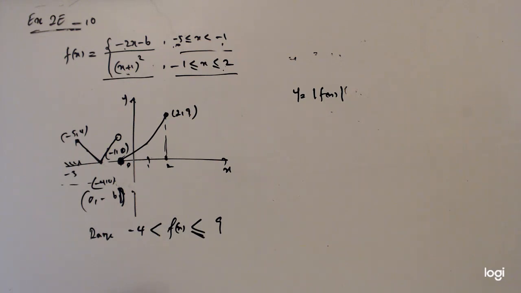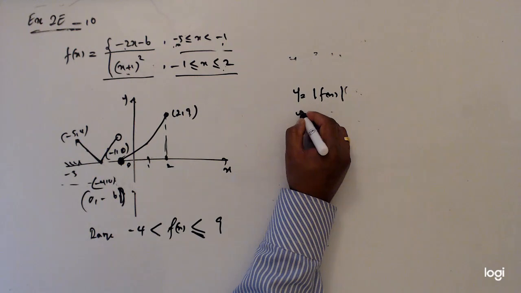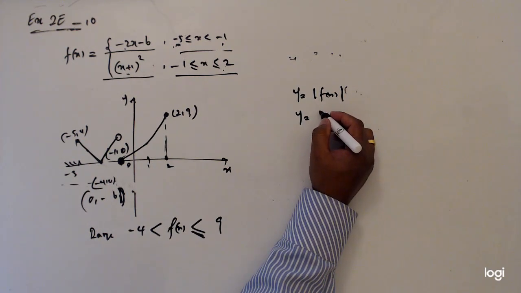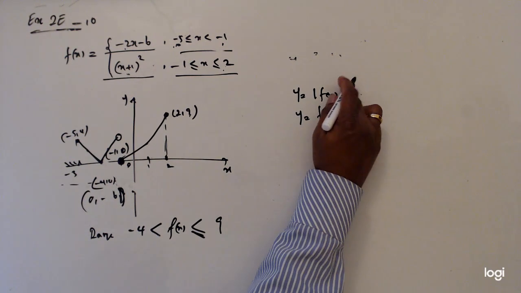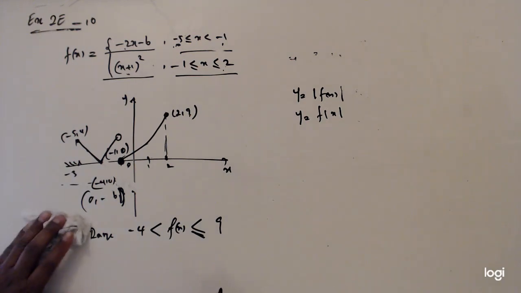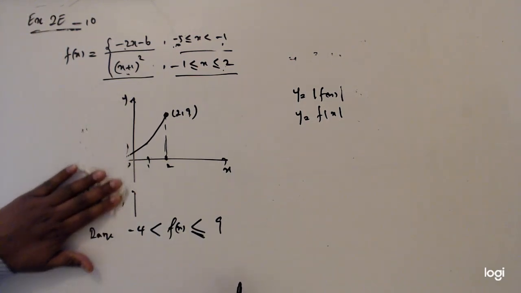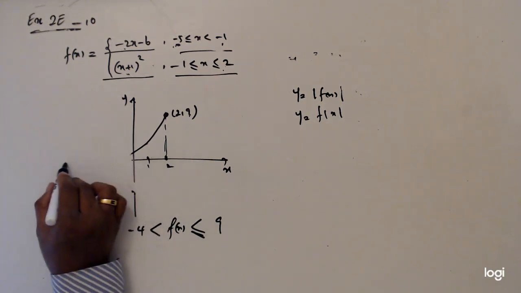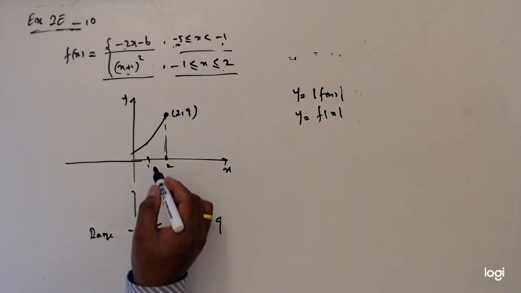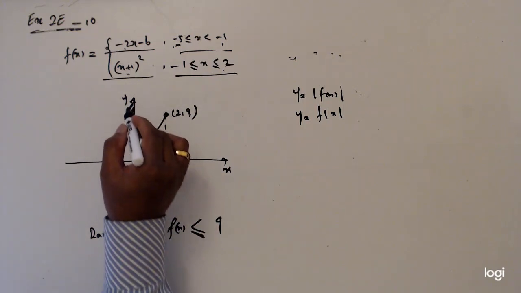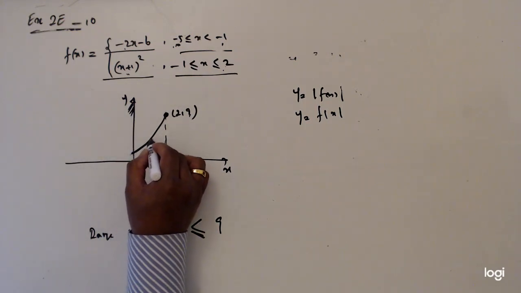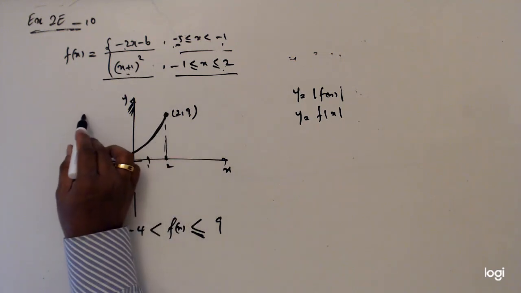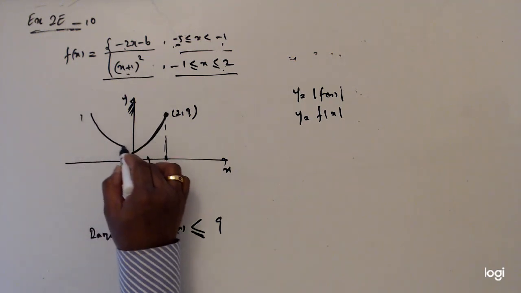Now y equal f mod x. Then I'm not worried about all the left side of 0 of x values. So this is the graph, and when I keep a mirror, the mirror reflection of this part is going to be like this.